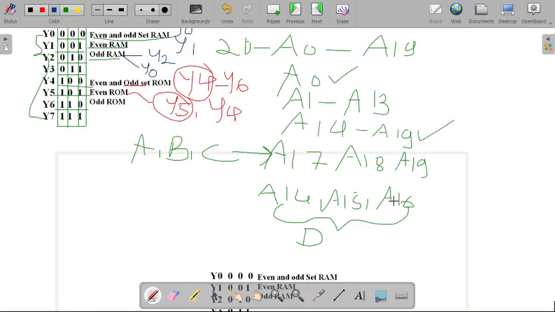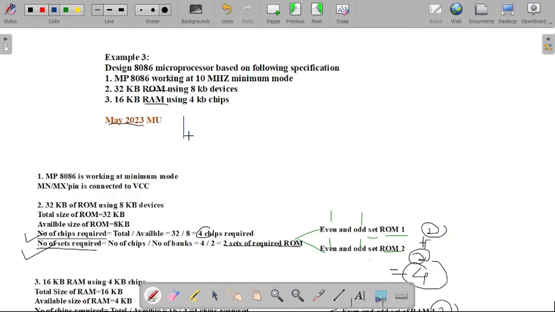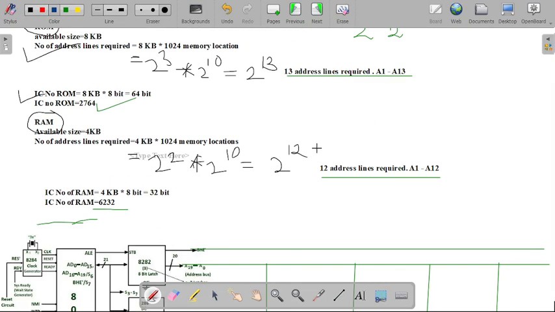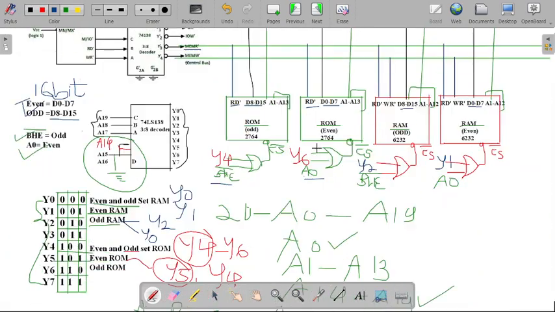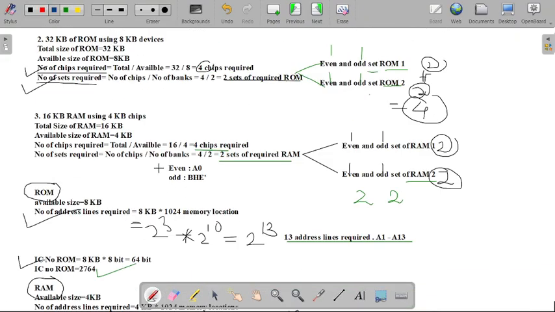So now we are done with our example, and this type of question will be asked for 10 marks in the exam, and this particular question was asked in the May 2023 Mumbai University question paper. So in this way you can solve this example, then you will get 10 marks. This diagram is for 6 marks and the description consists of 4 marks.